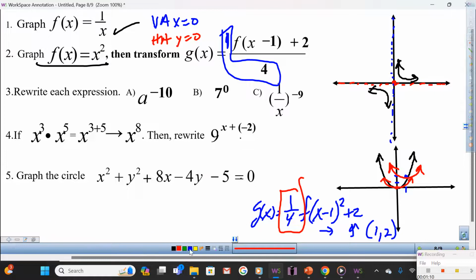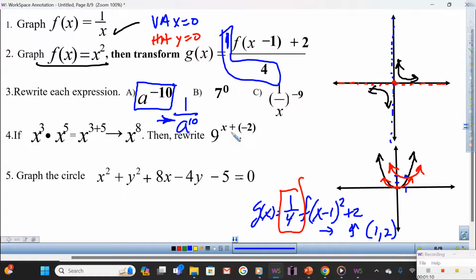Number 3, A. What'd you get for 3A? Brandon, pass it to someone. Anthony D. One over 8 to the 10th power.